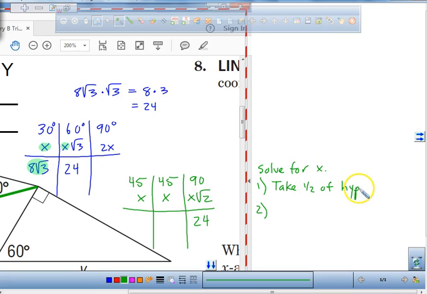Right, so take half of the hypotenuse, which is going to be what? Half of what number? 24, which is going to be a 12, right? So then take the 12 and multiply by radical 2. 12 multiplied by radical 2. And that gets you your answer. So your answer for the x is 12 radical 2.